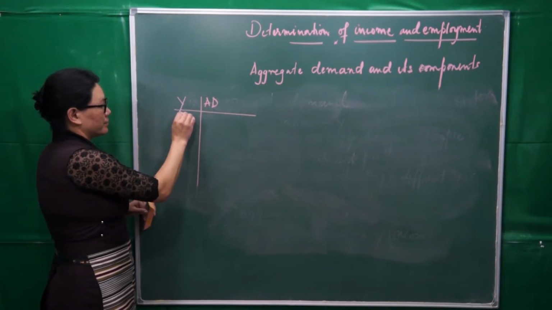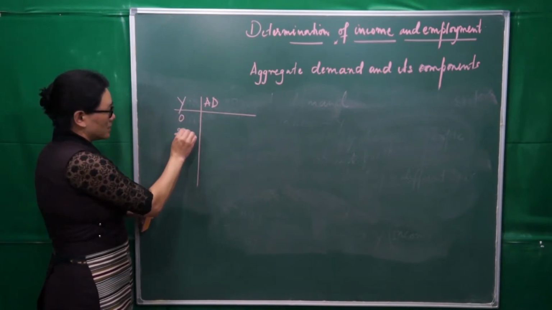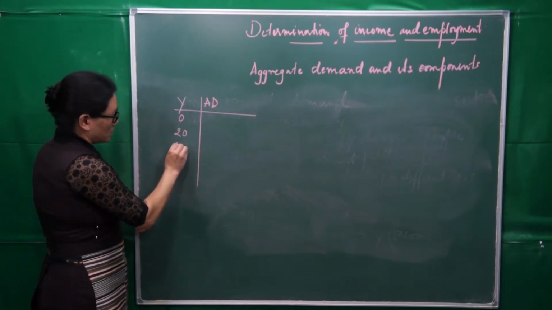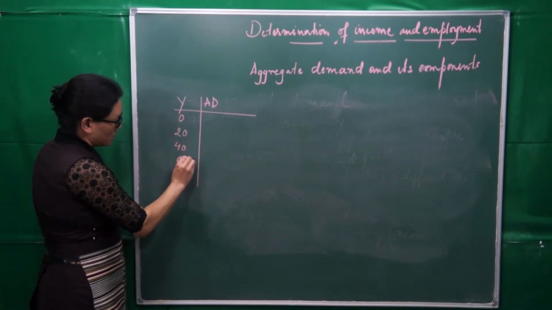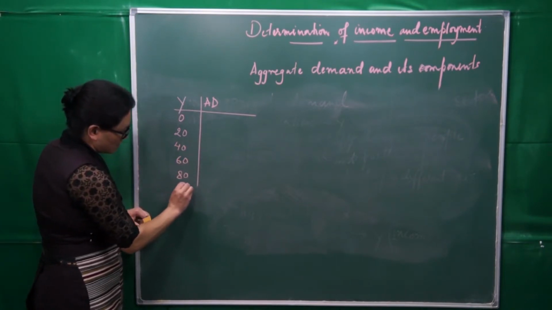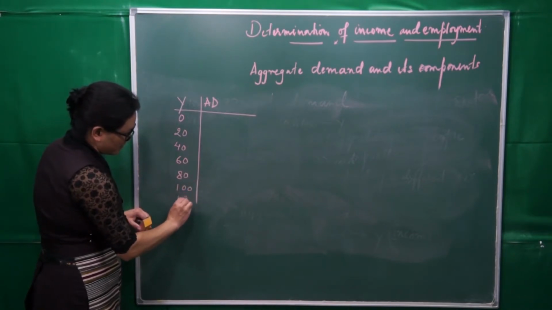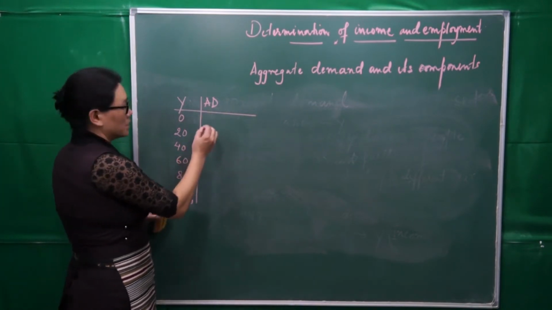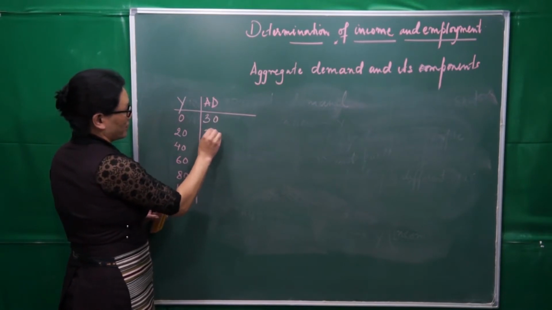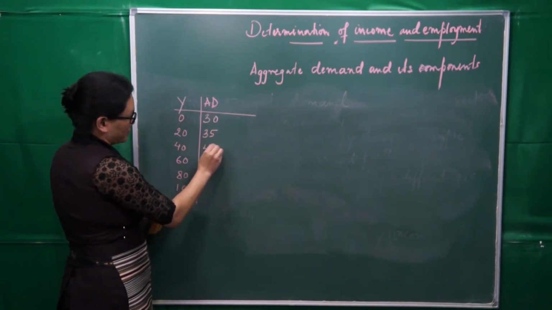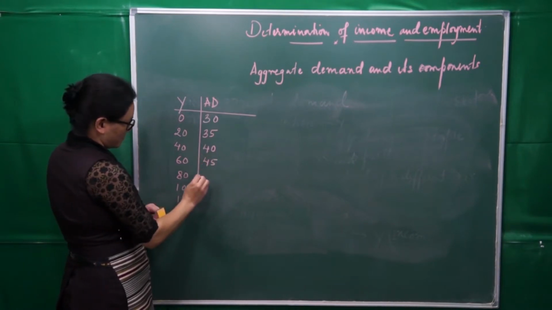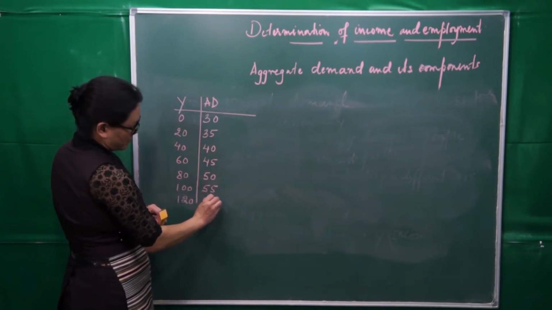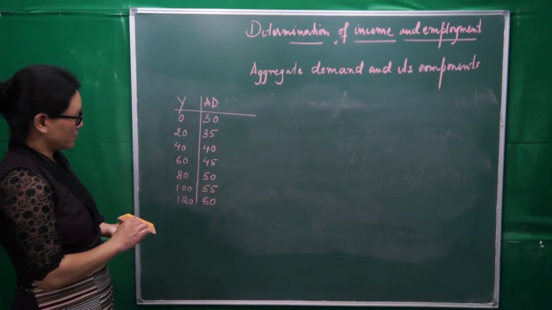Income we will take up like this. All right, and aggregate demand like this.